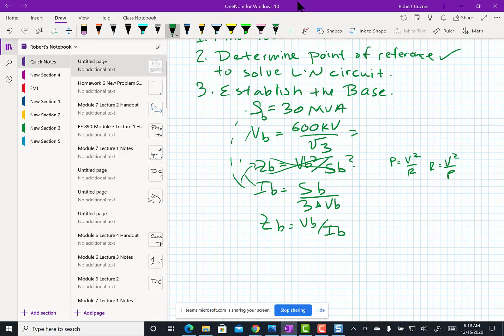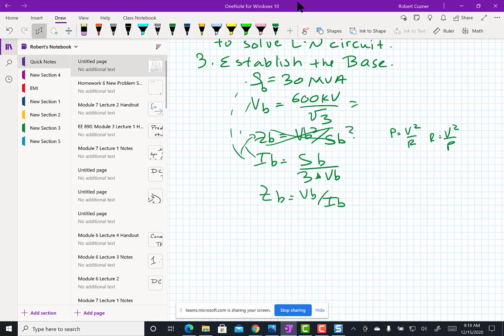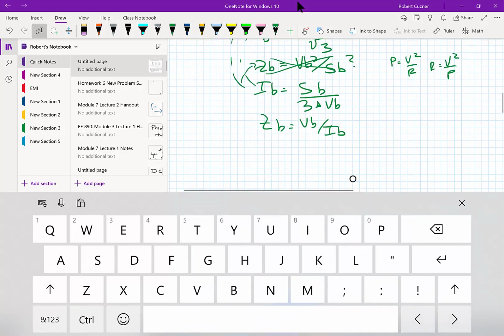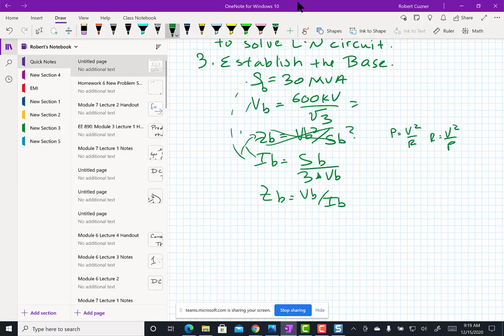So I'm going to find V base first by taking 600 kV, dividing it by square root of 3. And I get 346 kV. So that's my V base.